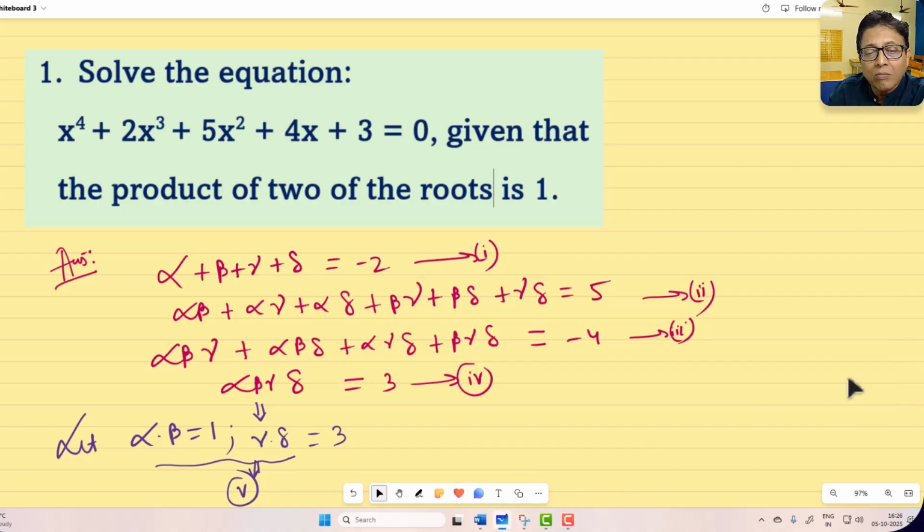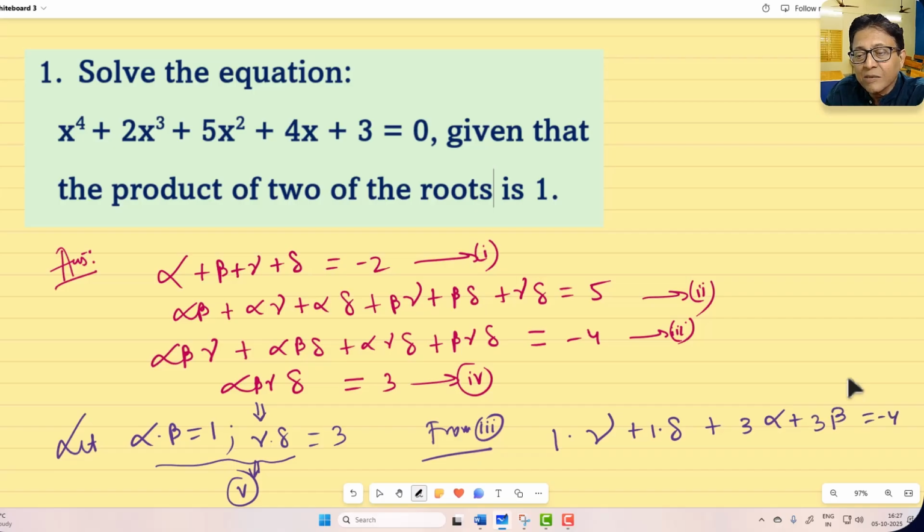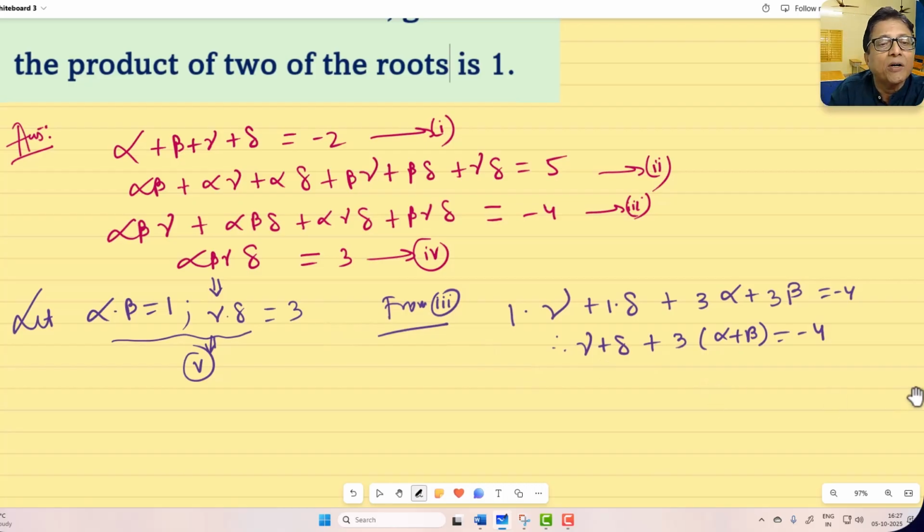And then from 3, what do you get? By using the condition alpha beta 1 into gamma plus 1 into delta, gamma into delta is 3, so 3 alpha plus 3 beta is minus 4. So gamma plus delta plus 3 into alpha plus beta. But from 1 we haven't used it so far.